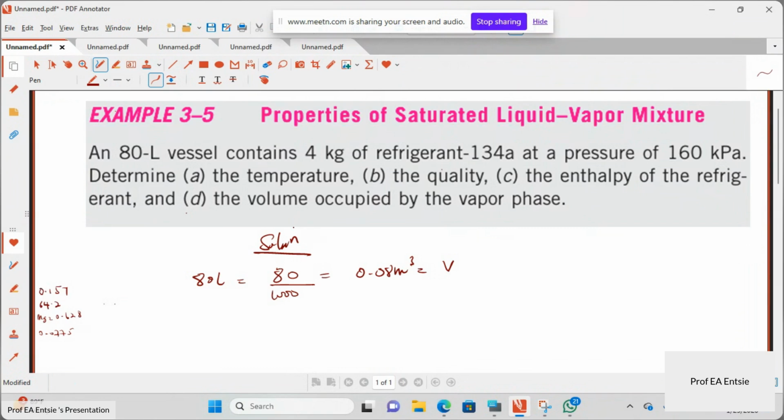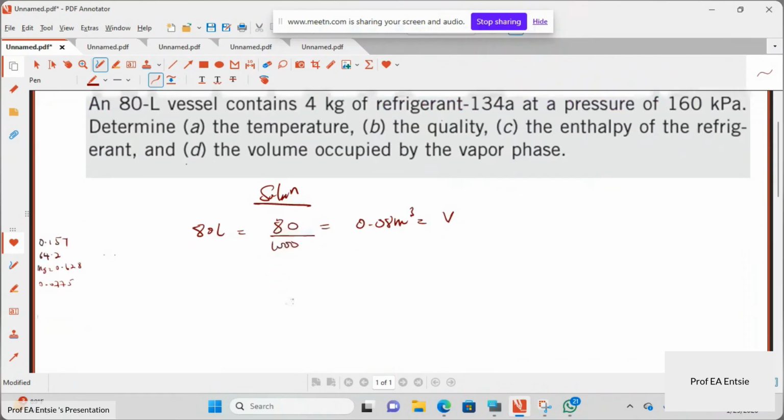We are told that the pressure is 160 kilopascal. Determine A, the temperature. At a given pressure, what is the name of the temperature we are finding? It's Tsat. So Tsat at 160 kilopascal is what we are finding.